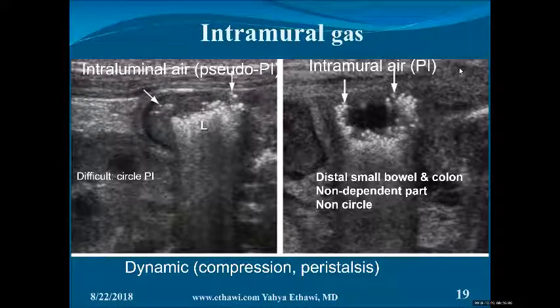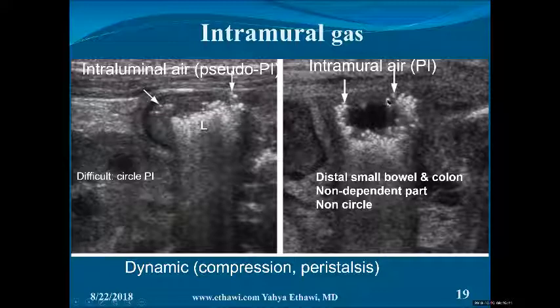So this is most probably, as you said, pseudo pneumatosis. It's not true. This area is not true because you can see the comet tail going down. But in here, you can see the comet tail start from here. So this area is true.